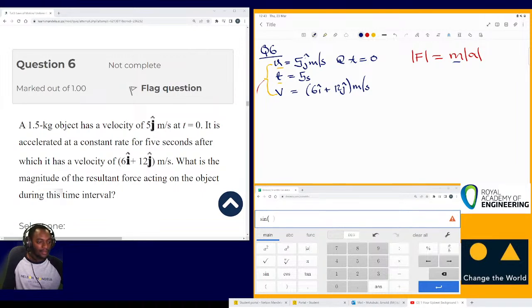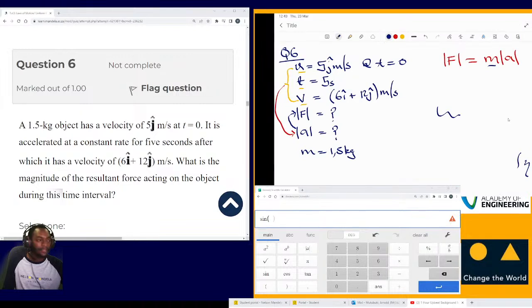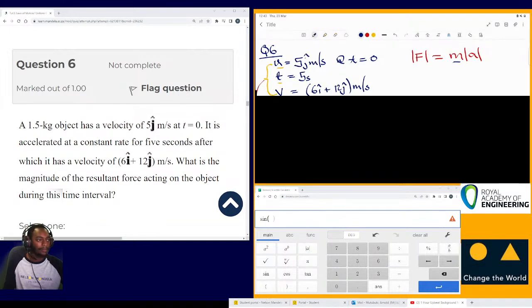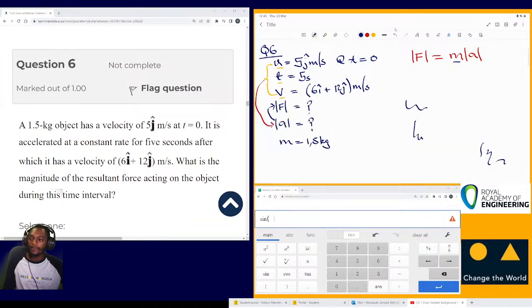You currently cannot see what I am writing. Let's see if you can see. Yes, you can see, but I'll minimize that. Let's see, how is that?